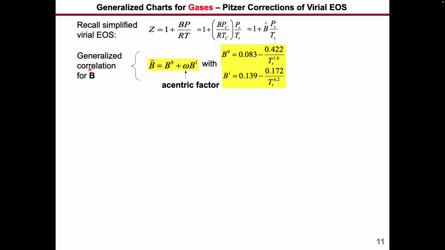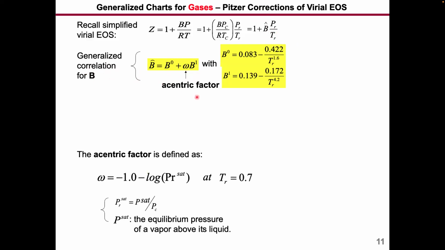And then for this generalized correlation for B, B is going to be equal to some B0 plus omega times B1. And this omega is called the acentric factor. This acentric factor is defined as omega equals -1 minus log PR saturation at TR equal to 0.7.